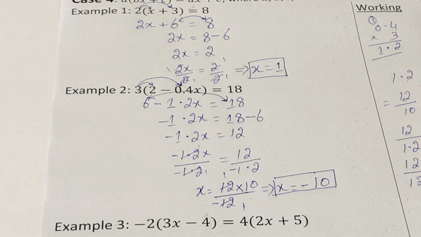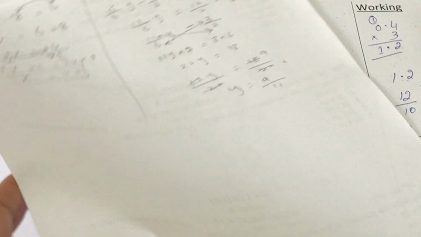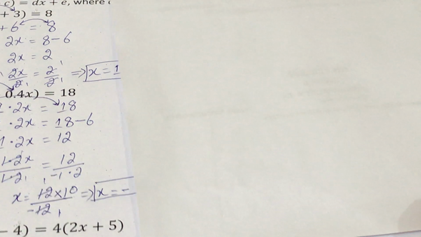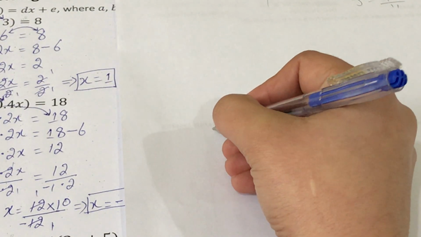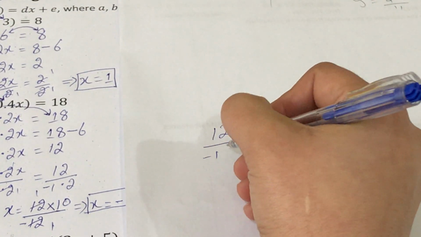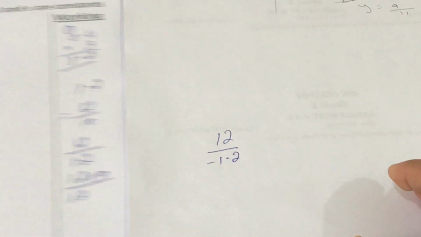Okay, now let's see the other way how we can do this thing. The other way is 12 over negative 1.2. How can you do this?